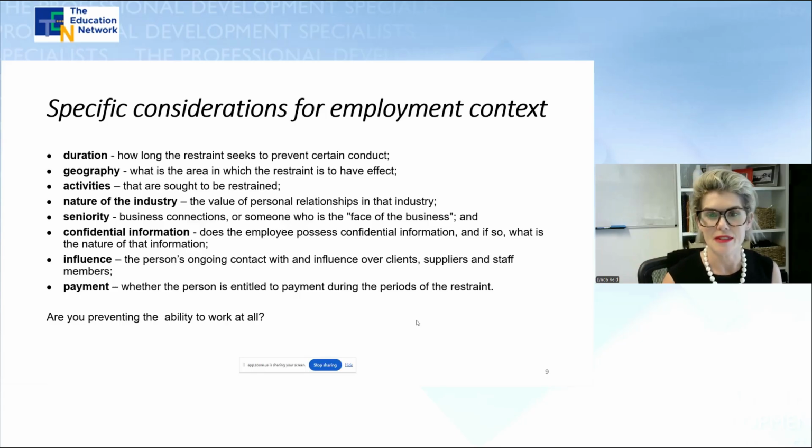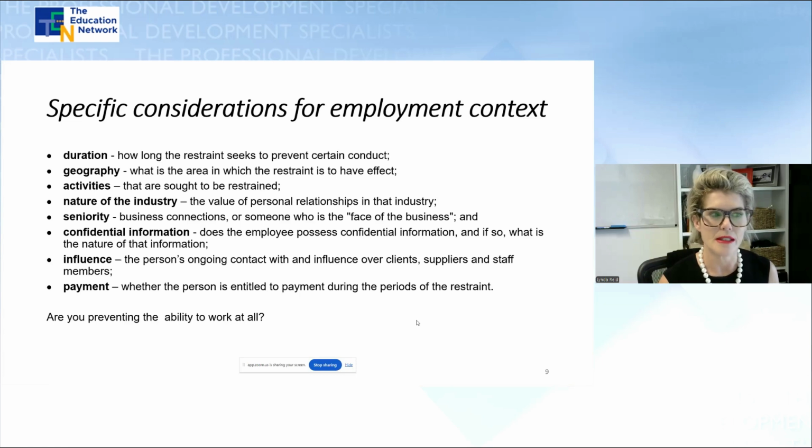What are the types of activities that I'm trying to restrain the other person from doing? Am I trying to restrain them from earning a living using their qualifications, even though they might be using their skills in a business that is not in direct competition with my business? Is that reasonable? How are they going to pay the rent?